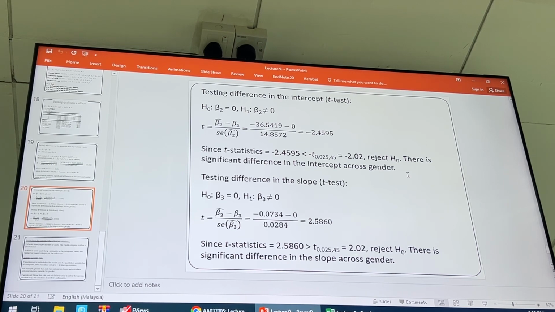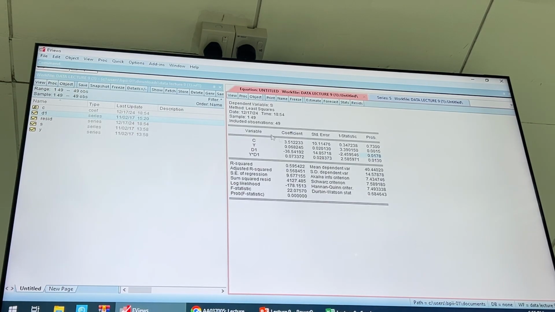And then for the case of slope, you can do the same, but we test for beta 3. So if you calculate the t ratio 2.5, we compare to the value from the table 2.02, so this one is greater, so reject. Or based on the p-value, it is also the same, 0.013, smaller than 0.05, so we reject the null hypothesis.